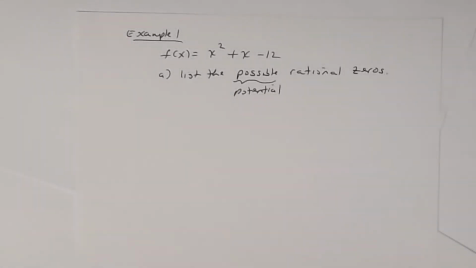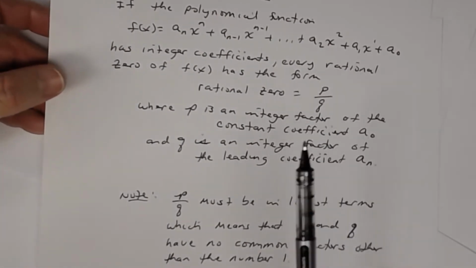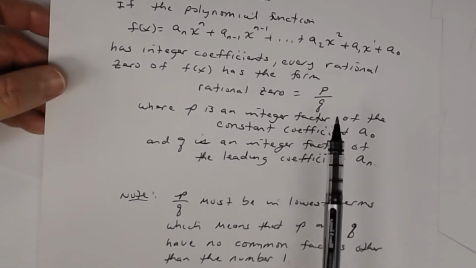Now remember the theorem, our rational zeros theorem. I keep going back to it because the more times you look at it and we discuss it, the easier it is to understand.